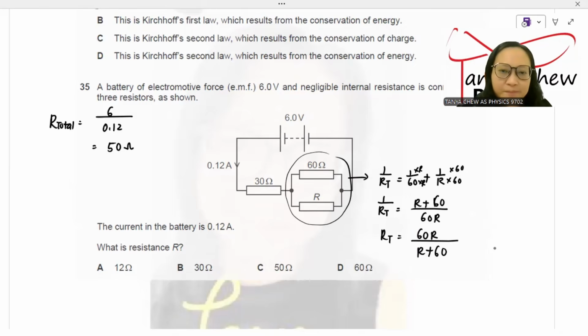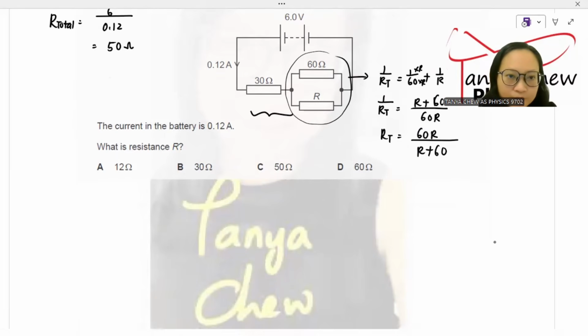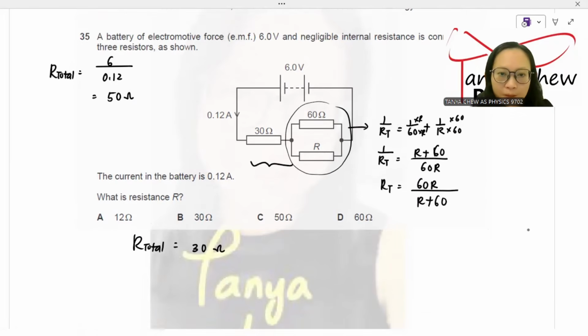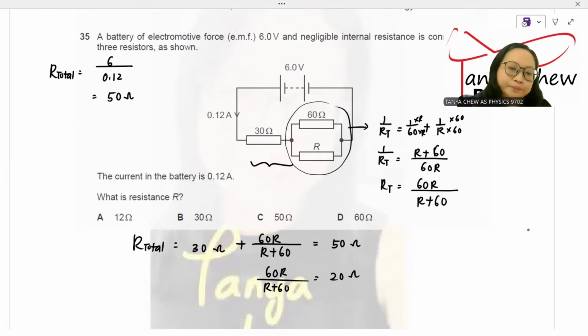Now, this is in series with the 30 ohm. So the total resistance of the circuit is equal to 30 ohm plus 60R over R plus 60, which is equal to 50 ohm. 60R over R plus 60 is equal to 50 minus 30, you get 20 ohm.